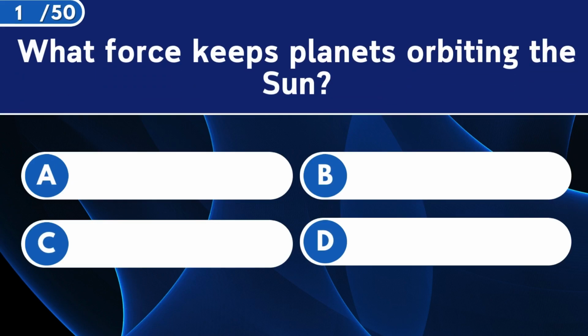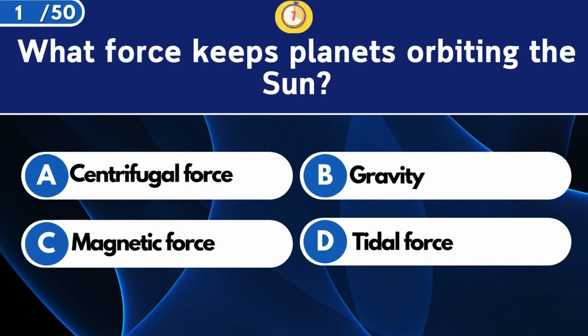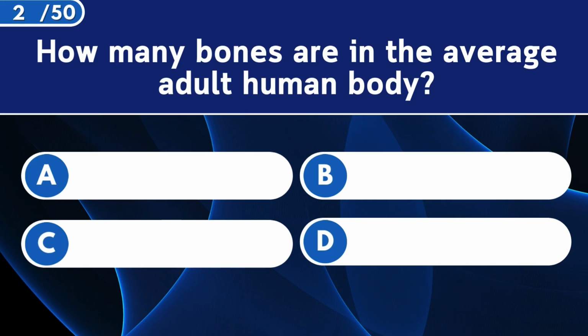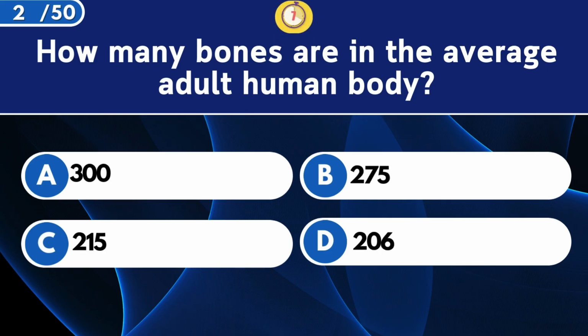What force keeps planets orbiting the sun? Gravity. How many bones are in the average adult human body? 206.